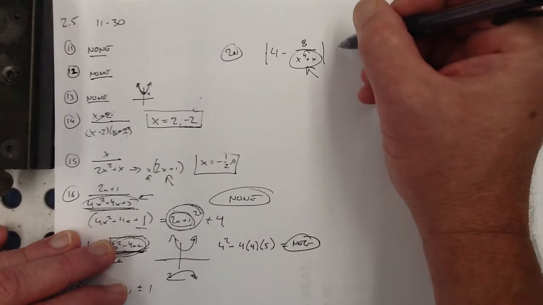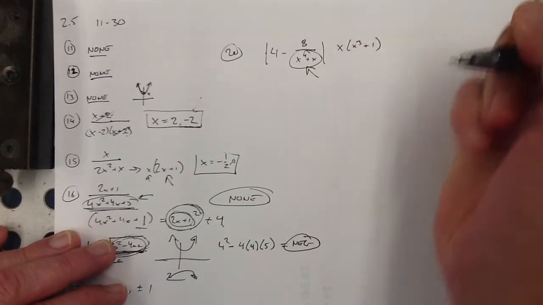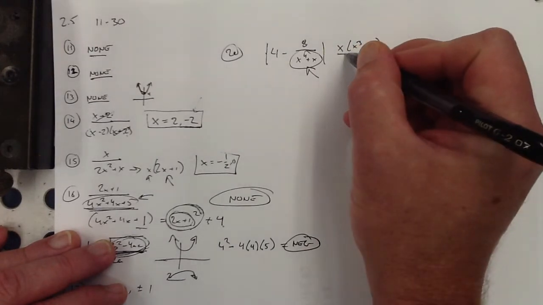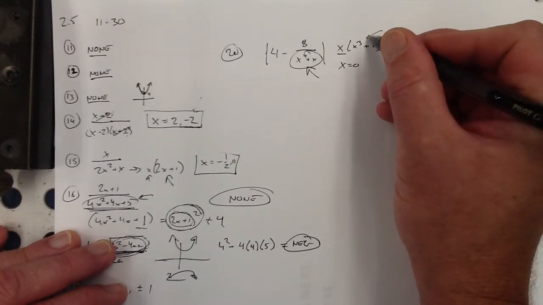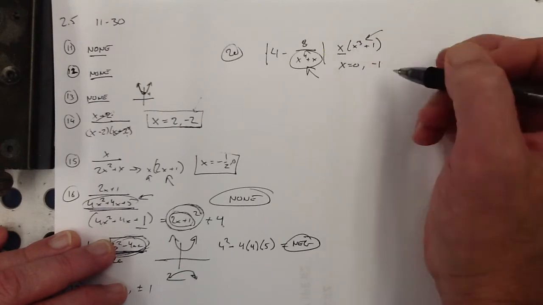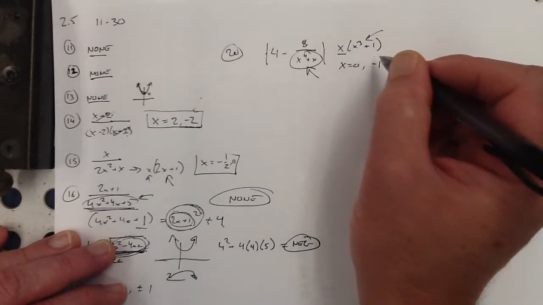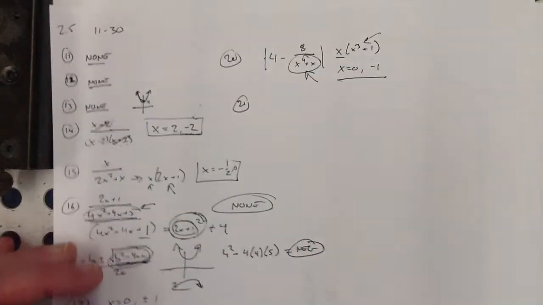So I'm going to factor that, x times x cubed plus 1, so that's 0, and when you cube negative 1, you get negative 1. That's going to make that 0. So there's my discontinuities at 0 and negative 1.